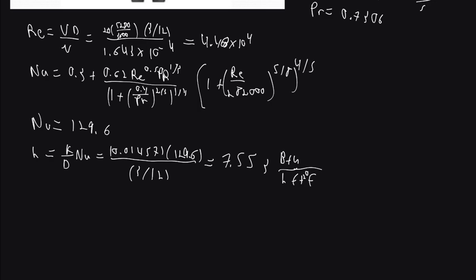Okay, now we need Q dot. Q dot is hA times Ts minus T infinity. Well, we don't have A. We have h, we just need A. So area is the surface area of where the convection is taking place.